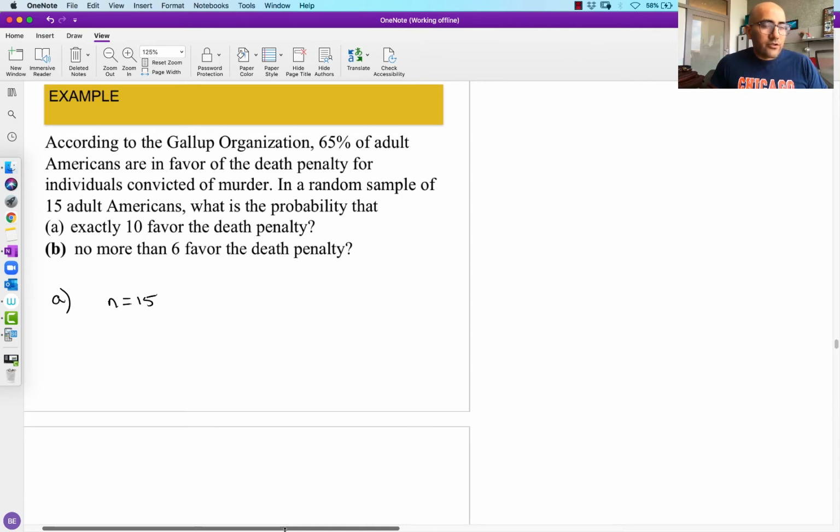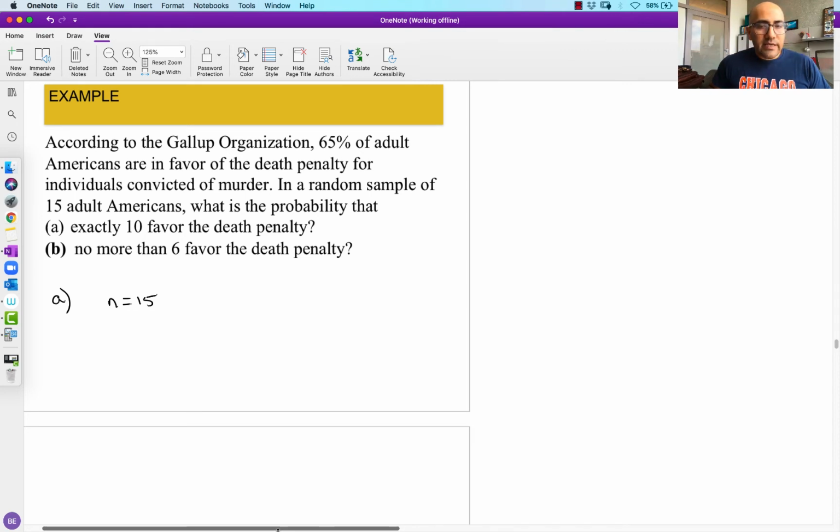For each trial, there are two mutually exclusive outcomes. And that's true because you phrase it in a way that there's only going to be two possible outcomes. Yes, you support the death penalty for individuals convicted of murder, or no, you don't. So it satisfies that condition.